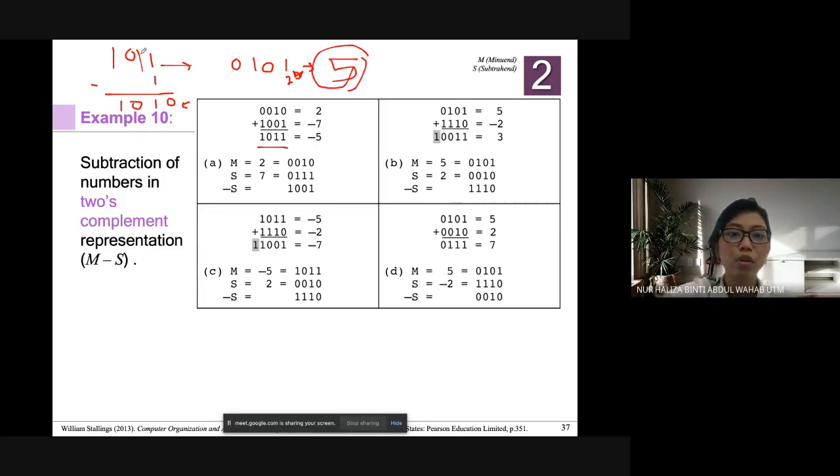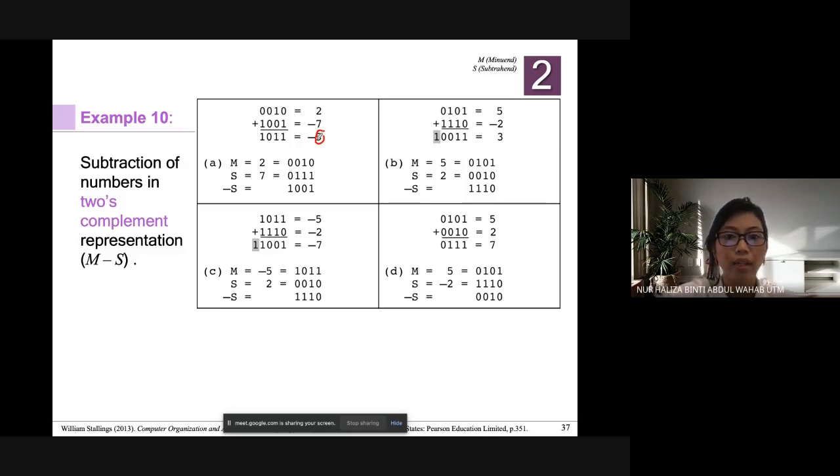But of course, you're going to know that this one is second complement. That's why you get minus 5 as the answer. Just to see the decimal value, and this is the sign. So this is very simple, and same goes to here. The example, this one is already second complement. When you get second complement, you just add. So over here, it's already mentioned if you have a carry, you need to discard.